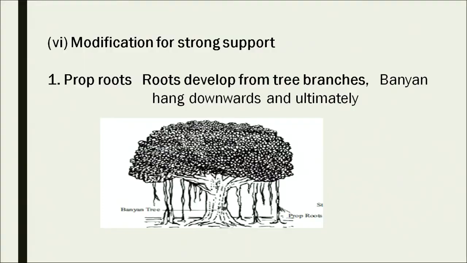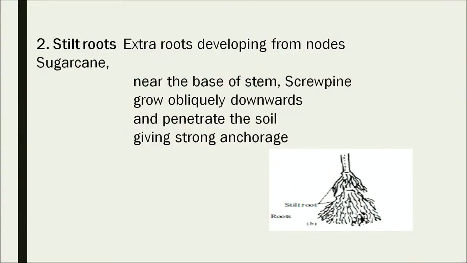Then let's move on. This is the prop root. We were talking about Bargad tree, and this is how the roots support the plant and maintain its balance. So this is the banyan tree, which you know commonly. And then stilt roots are present in sugarcane.